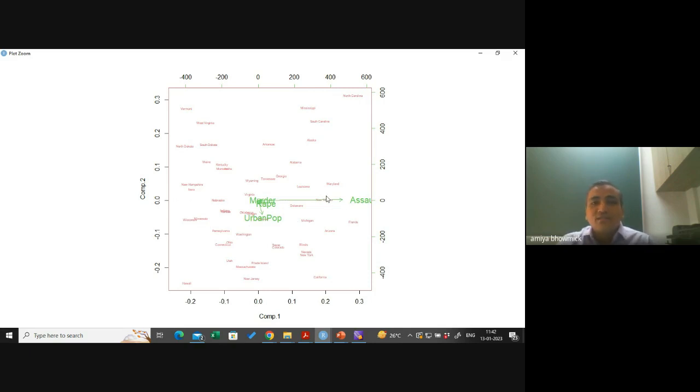It's just a vertical line as compared to it, right? Whereas UrbanPop, all the contribution to principal component 2 is made actually by UrbanPop, and it is a negative contribution, because if the arrow had been on the top side, it would be a positive contribution of UrbanPop to principal component 2. Below side means it is a negative contribution to component 2. Is the graph clear? Is the description clear?